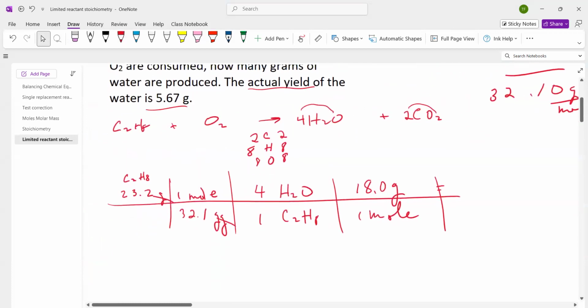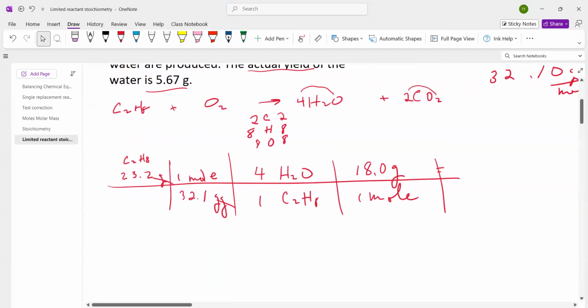So if we're just looking at ethane by itself, you're going to end up with whatever this is. Let's see here.